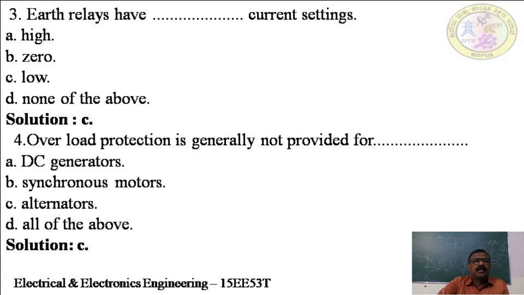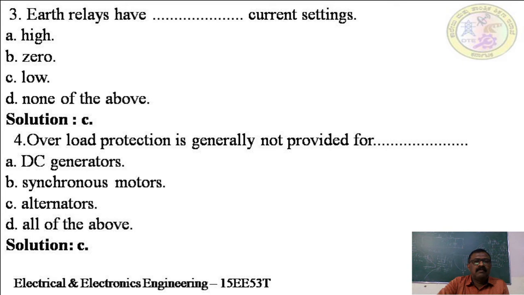Question number 3, earth relays have dash current settings. The options are A high, B 0, C low, and D none of the above.